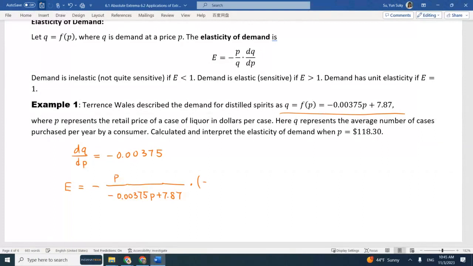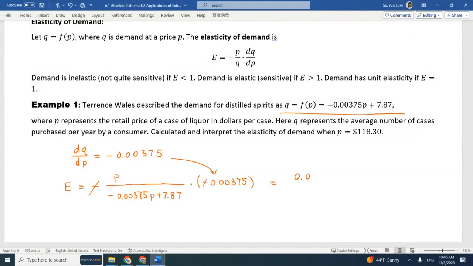The derivative is this negative 0.00375, and we plug this here. Do you see this negative and this negative cancel? Yeah, these two negatives cancel. Questions. Can we cancel this number and this coefficient of P? Can we cancel those two numbers? No, because this term does not have this as a common factor, so we cannot cancel.